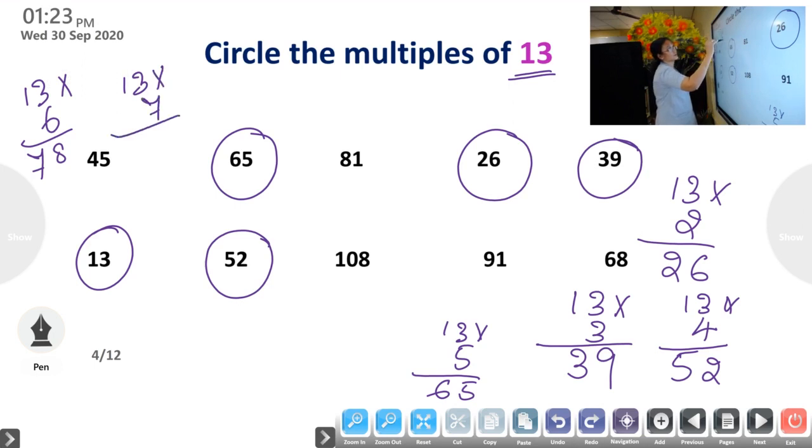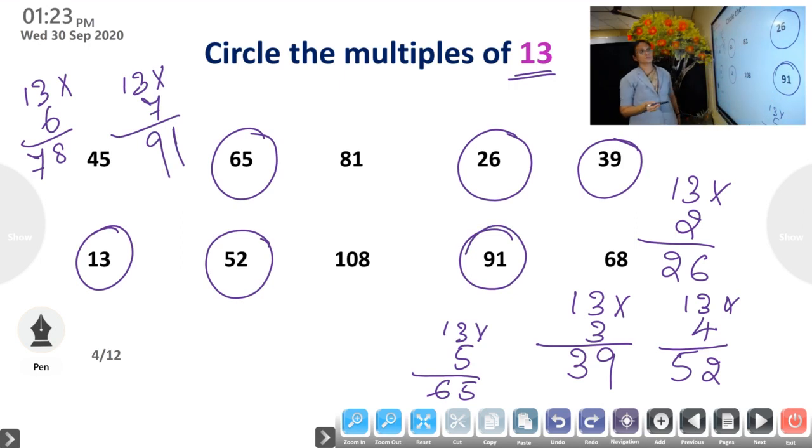Okay. You are getting 91. 91 is the number here. Yes, circle this. Okay. Now we have two more numbers left. 68, 45. We already passed those numbers. 81 also not.